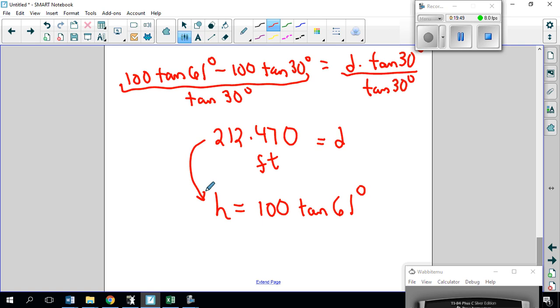So please, when you work this problem, work it in the same spirit that I just worked it, because the traditional tricky one is really the one in the book. So the height is 100 tangent 61, which you could have found right away and made this problem simple.